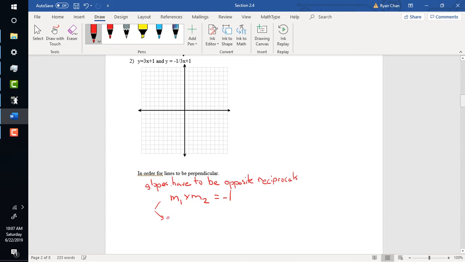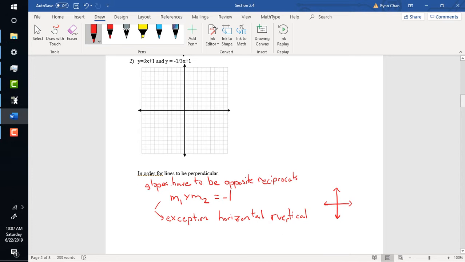There is an exception with that, and that is if you have a horizontal and vertical line, okay? These two lines are obviously going to be perpendicular, right? Because if I draw a horizontal line and then a vertical line, they'll cross at 90 degrees.